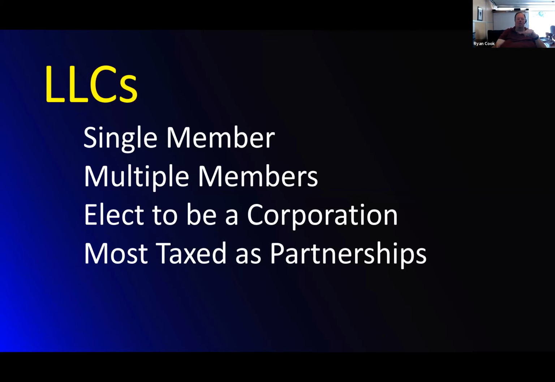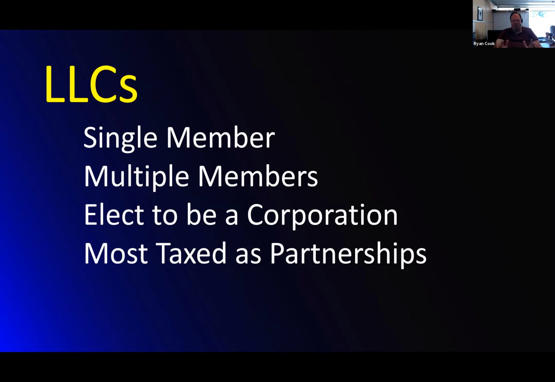A limited liability company is another type of business. It's formed under the state, just like all the others, so you do have to file for it. You do have to declare what it is. Depending upon how you file it, it can be a single member, and that single member gets an EIN number.